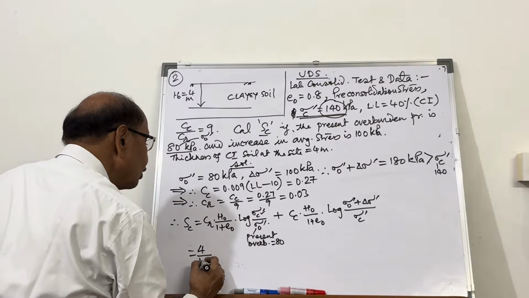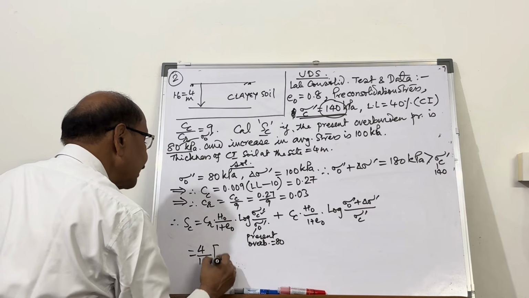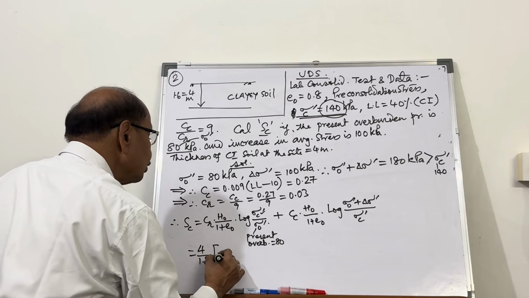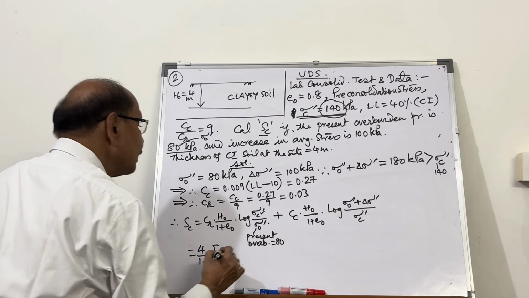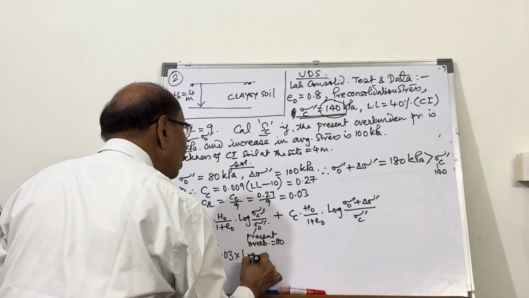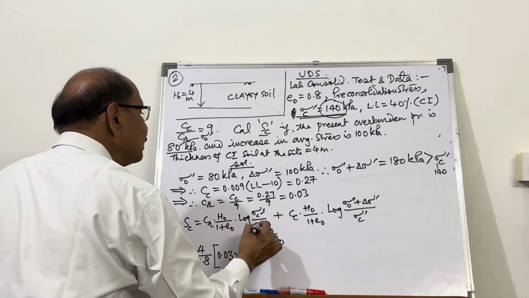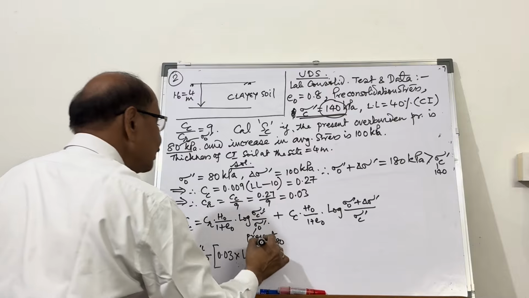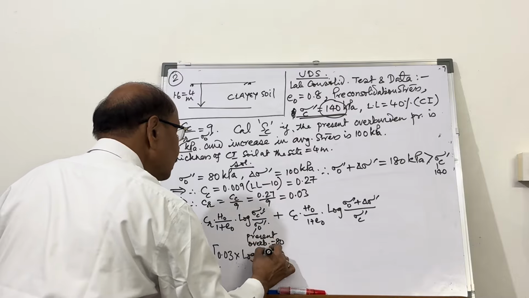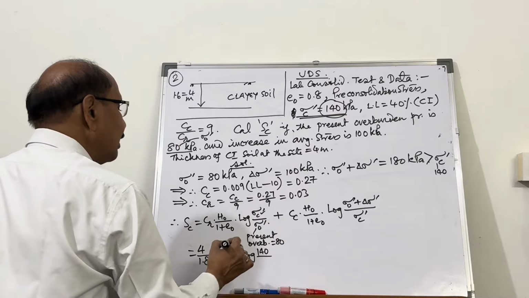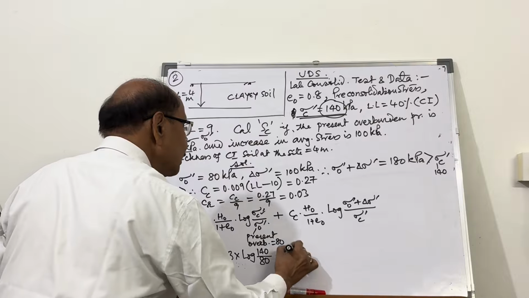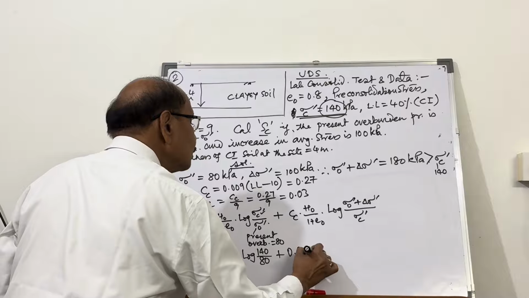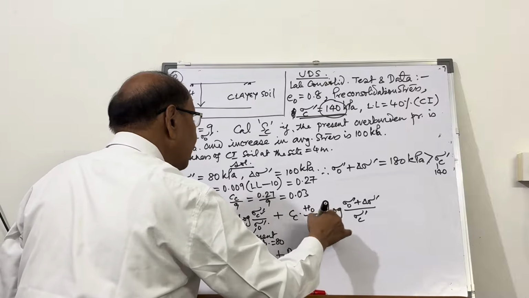So H naught by 1 plus e naught, you can take it out. Cr is going to be 0.03, we have calculated it, into log of sigma C prime, that is the pre-consolidation pressure, divided by the present overburden pressure. Cc is already known to us.